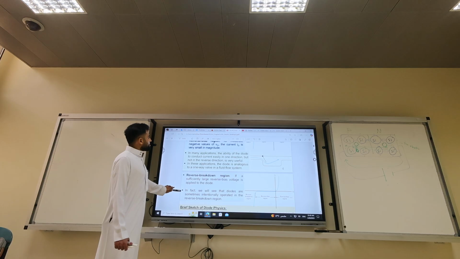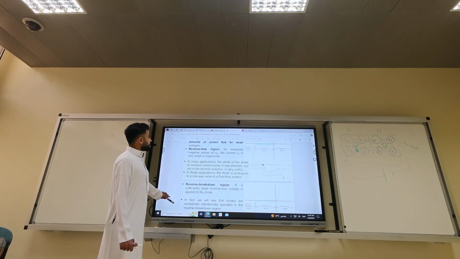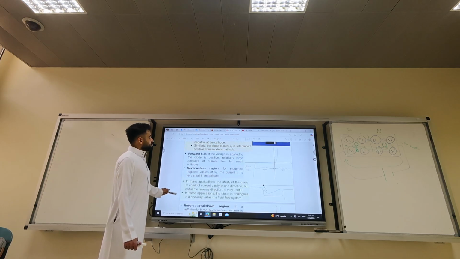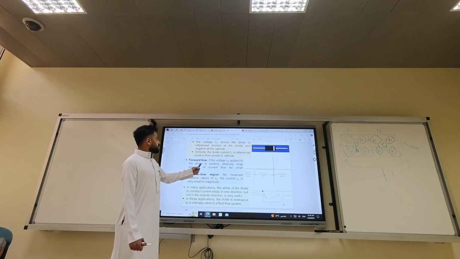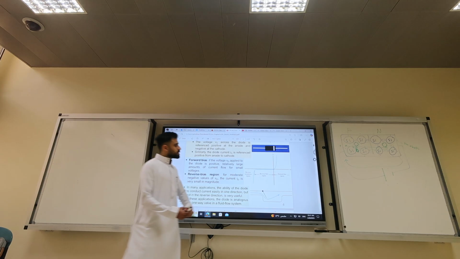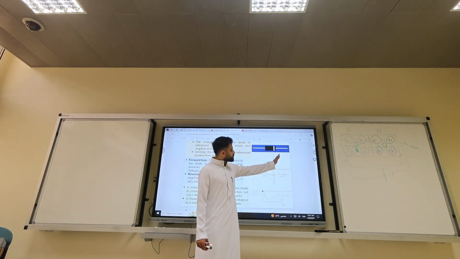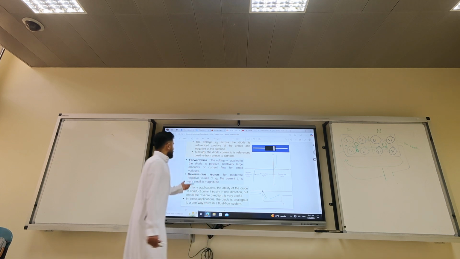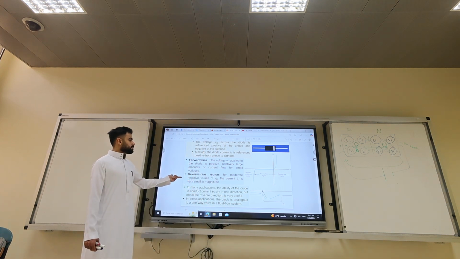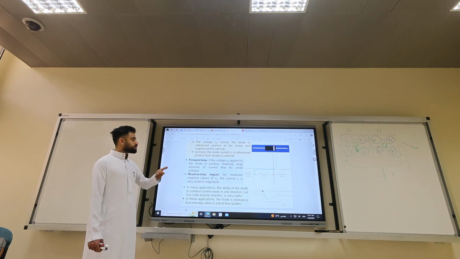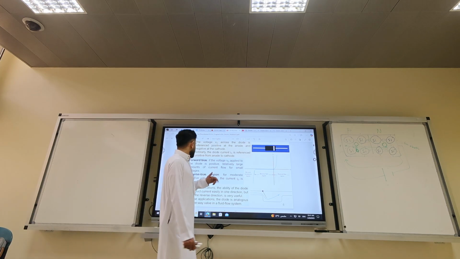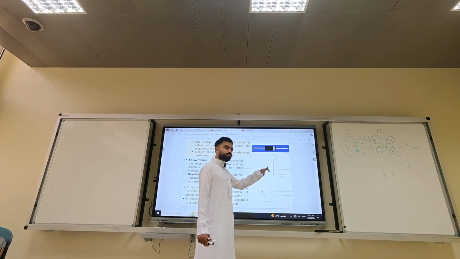So in the forward region, a relatively large amount of current flows for a small voltage. You just need a small voltage to be applied so that enough current will flow. In the reverse bias region, for moderate negative values, meaning you do not apply severe negative voltage, the current will be very, very small, negative microamps.